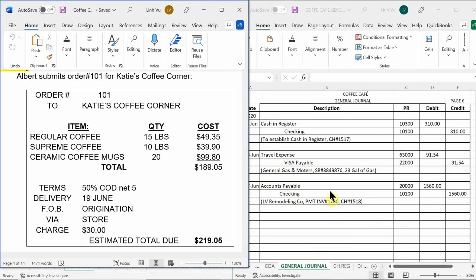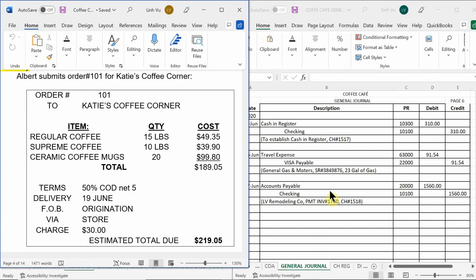She wants to buy 15 pounds of regular coffee and 10 pounds of Supreme coffee with 20 coffee mugs. Grand total is going to be $189, plus we're going to charge them a $30 delivery fee. So Katie owes me $219.05.